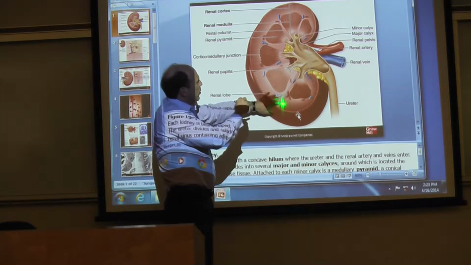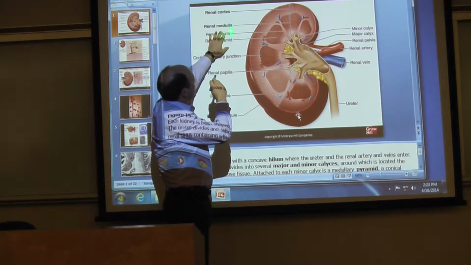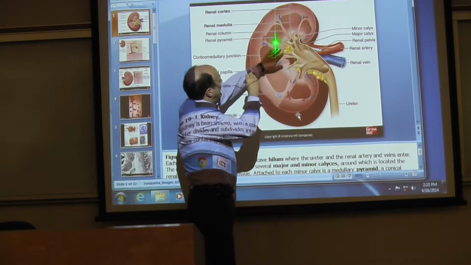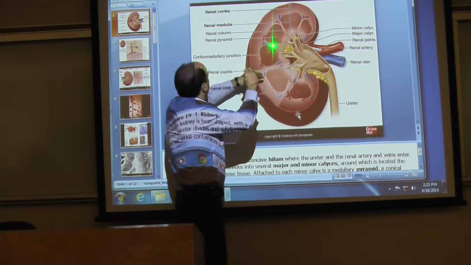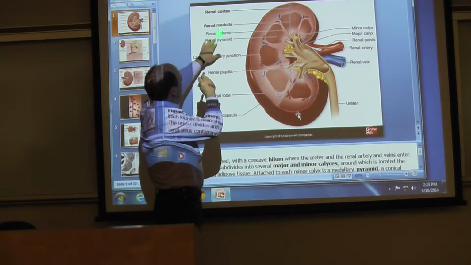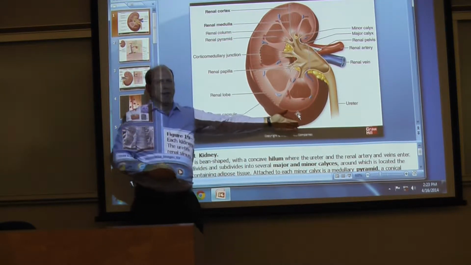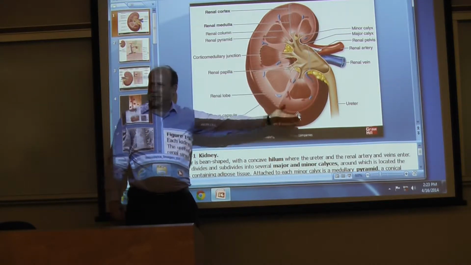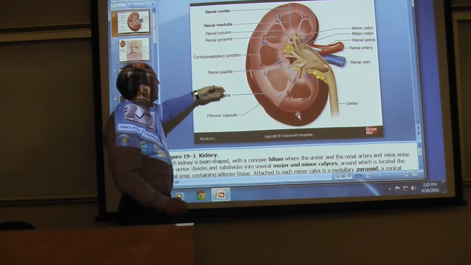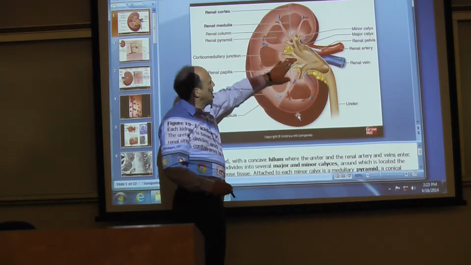But the cortex goes all the way around, right? You see it's sort of continuous. Whereas the medulla is separated into these separate units, which the separation is through this renal column. Sort of looks like a fruit, doesn't it? You know, like you slice open one of those exotic tropical fruits or whatever, and so there's a structure.